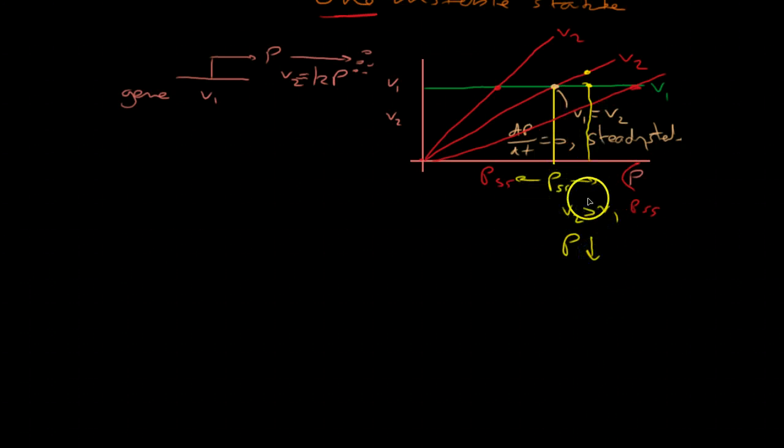So if I were to perturb P up, it would actually come back down. Likewise, if I drop P somehow, V1 is now greater than V2, so P gets produced at a higher rate and goes back up. So this state is stable, because any change around P will always be restored back to this point.